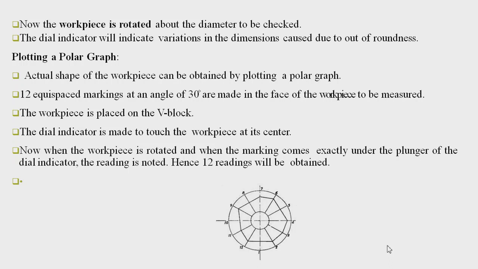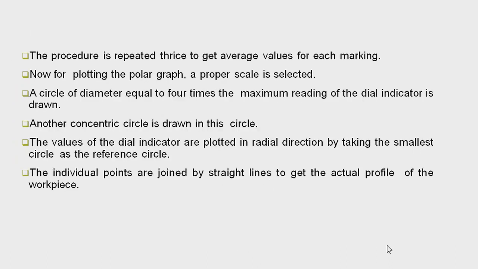The workpiece is placed on the V block. The dial indicator is made to touch the workpiece at its center. Now when the workpiece is rotated and a marking comes exactly under the plunger of the dial indicator, the reading is noted. Hence we will have 12 readings. This procedure is repeated thrice to get average values for each marking.